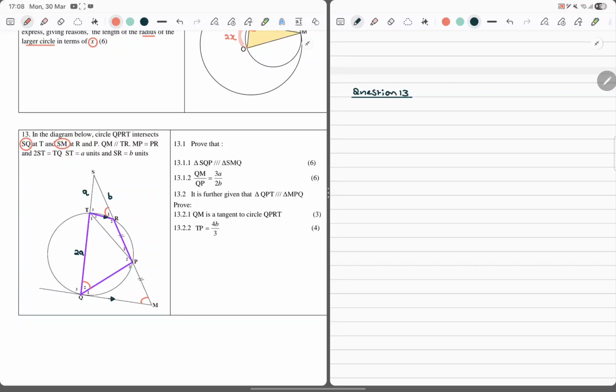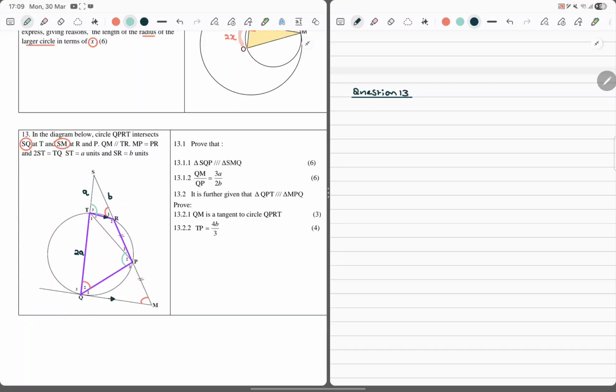Interesting stuff. Is there more? There is. We know that this angle is going to be equal to that angle. That's the exterior angle of a cyclic quad. That's about what we can say.